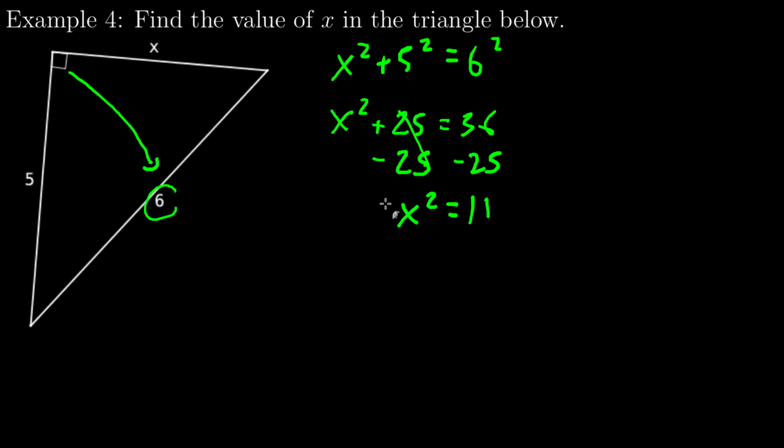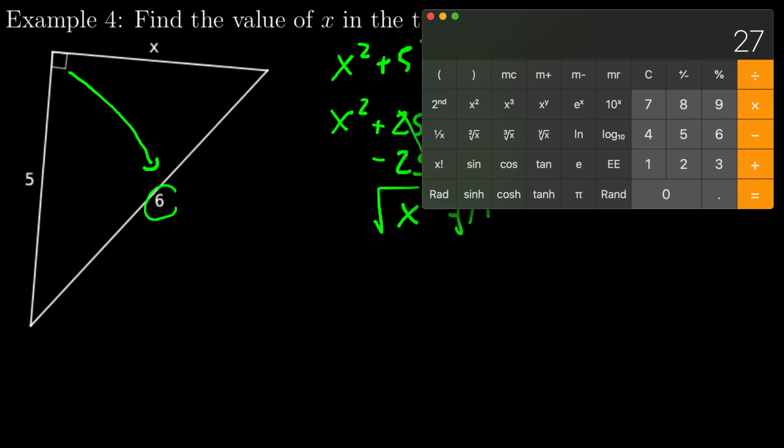I'll do the same process. So square root, check the calculator to see if 11 has a perfect square root or a nice square root, and it does not. So I'm going to round my answer. Notice, since the 4th decimal place is 5 or bigger, I will round this up to 3.317.